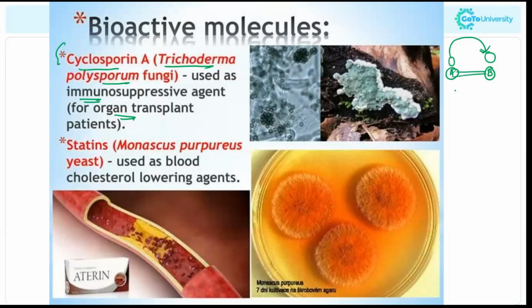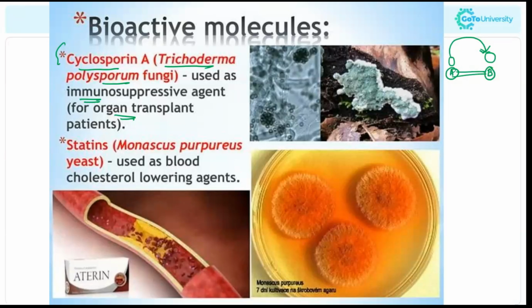Their blood groups, everything should be compatible. The person receiving the organ should be healthy and should accept that organ. If the body rejects that organ, he won't be able to withstand that situation. He can't continue his life.